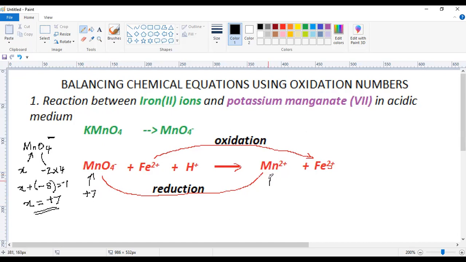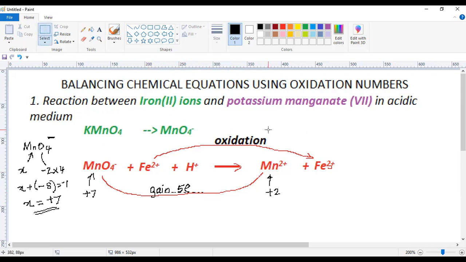And on the right-hand side, on the product side, manganese oxidation number is +2. What has happened to oxidation number? It has gone from +7 to +2. How do you think oxidation number can go from +7 to +2? Only one way. It is by gaining 5 electrons. If you gain 5 electrons, oxidation number +7 goes to +2.